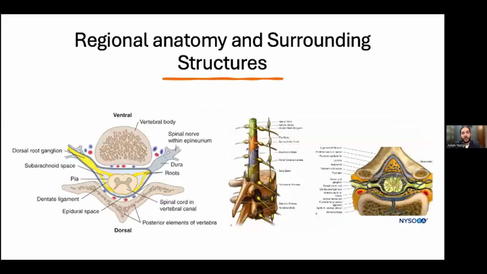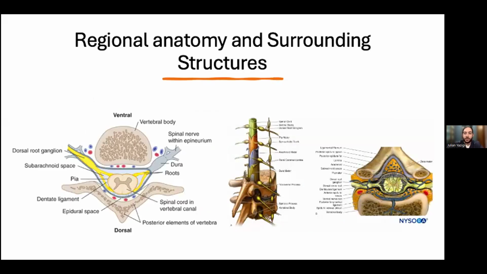So, over here I have a little bit of regional anatomy. The spinal cord lies within the protective bony confines of the vertebral canal, suspended in a complex anatomical environment designed to preserve its functions, cushion it from mechanical injury, and support the passage of neural and vascular structures.